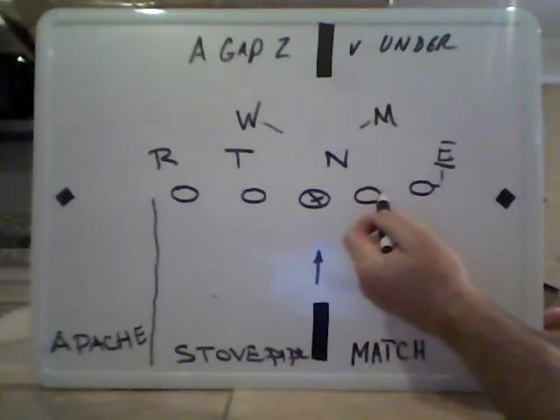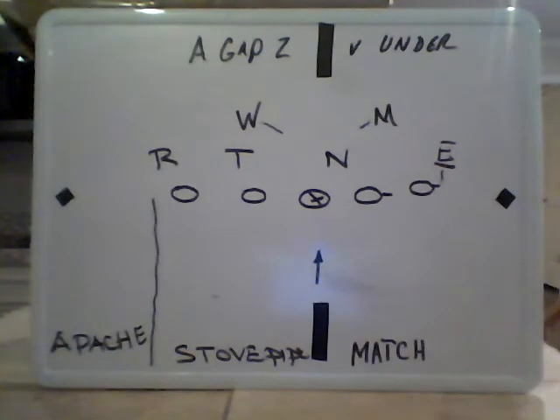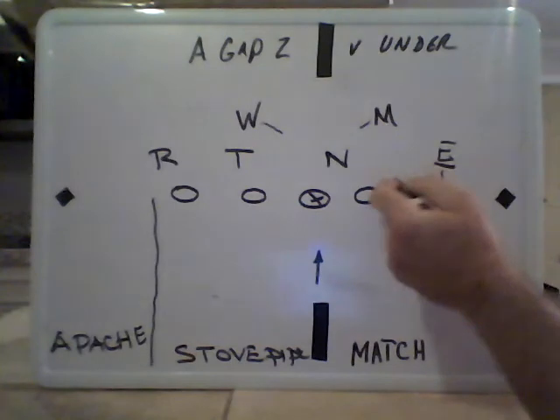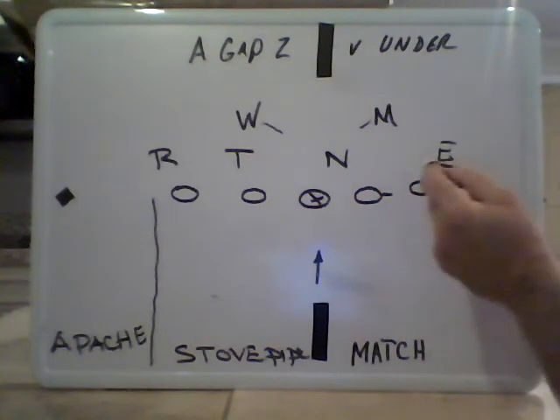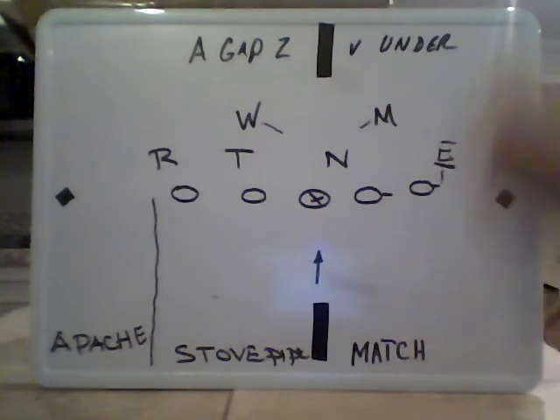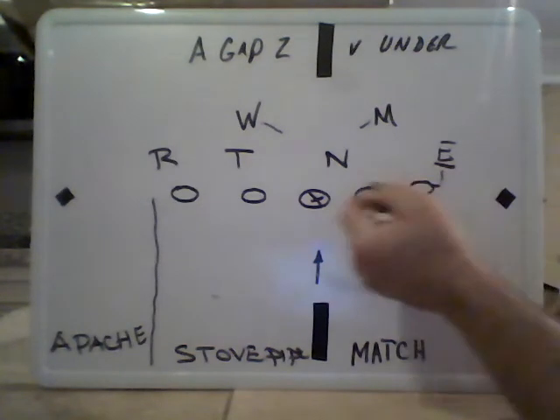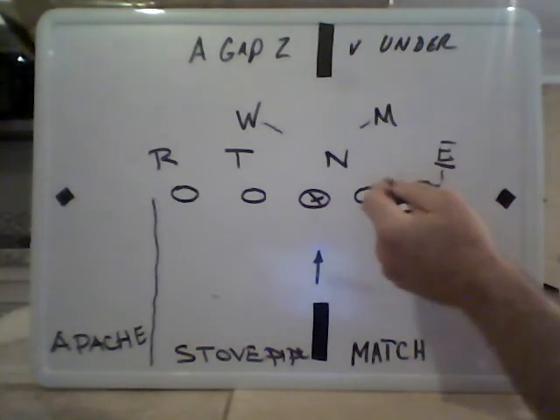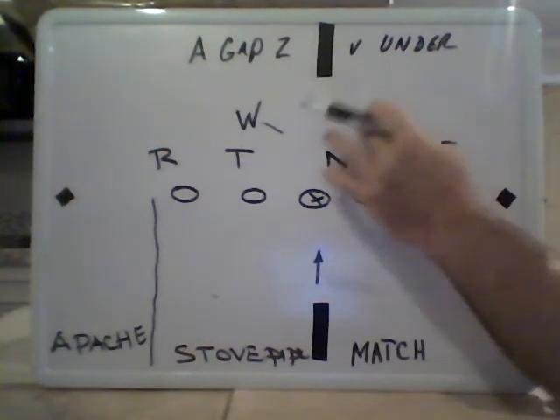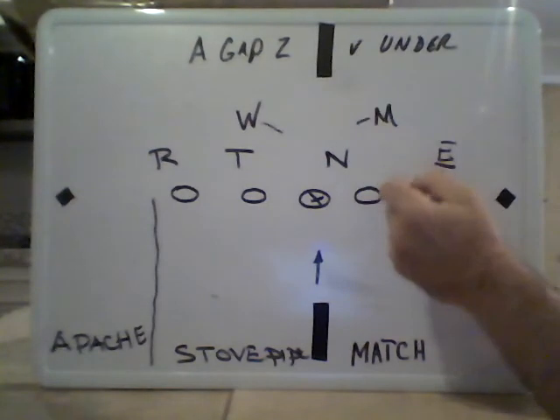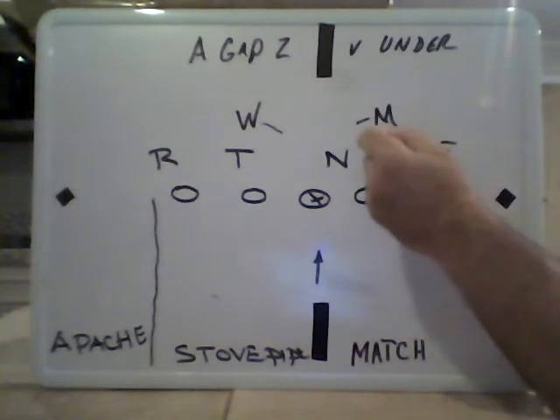The guard would then downshift a short step with his outside foot, and slow himself down enough in case there was a late spike or some safety blitz. Then he gets back into matching that linebacker. We're assuming the linebacker is going to go here, so his path will probably be there.